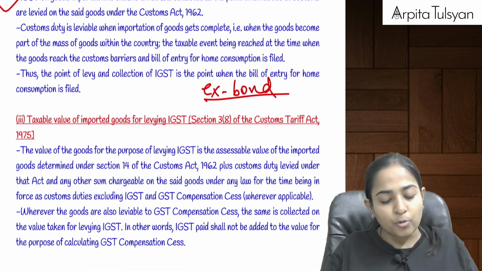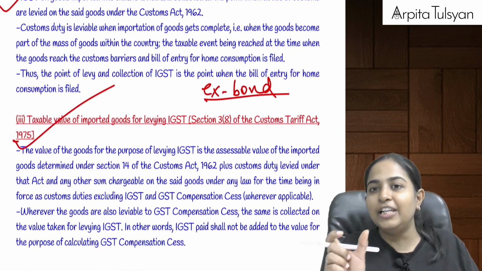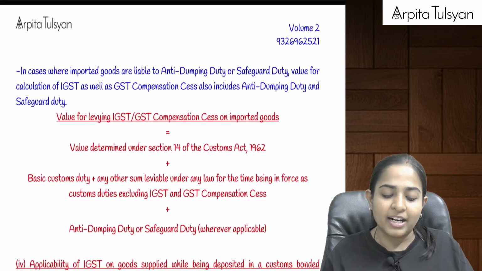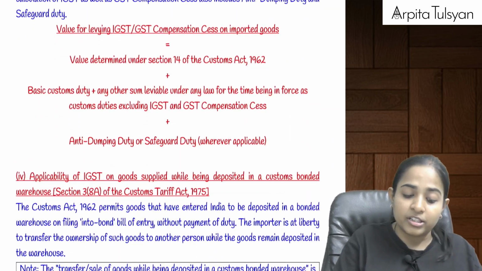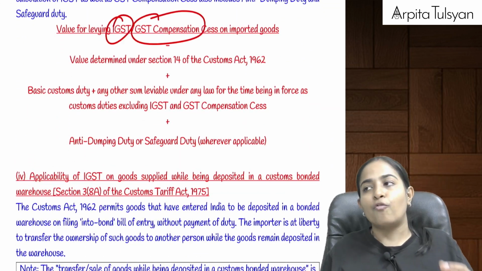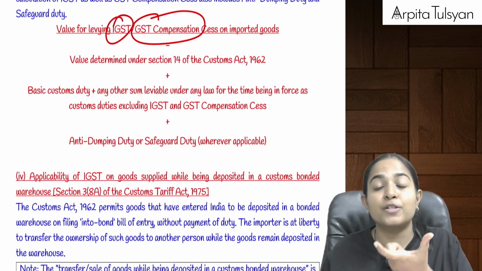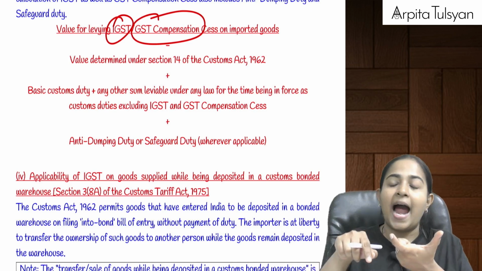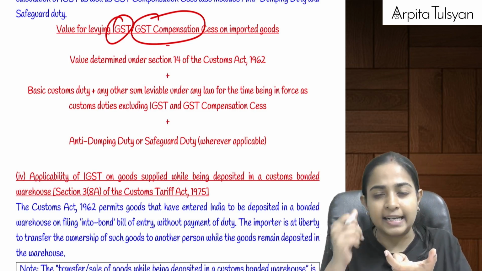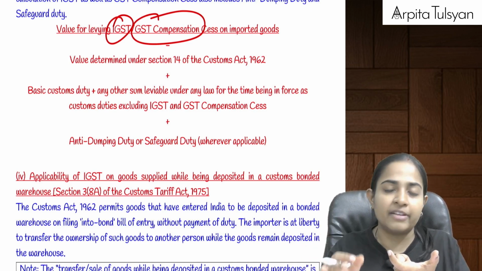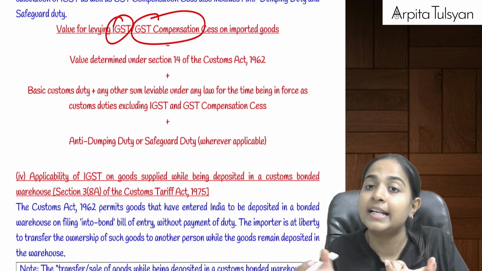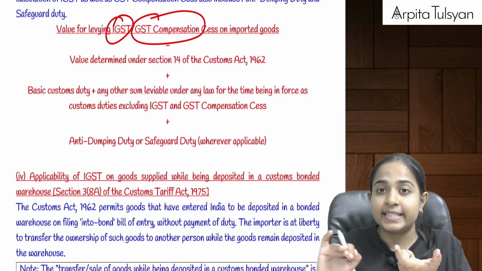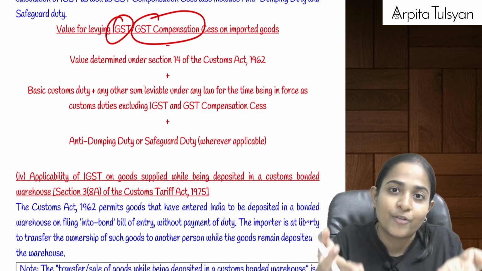Now the most important thing, on what value are we required to pay the IGST or the GST compensation cess? Whatever value is determined for the purpose of customs duty, that is the value as per customs, plus add the customs duty, any anti-dumping duty, additional duty, safeguard duty, whatever taxes are there under customs, excluding IGST and GST compensation cess, because that is what we are calculating here.